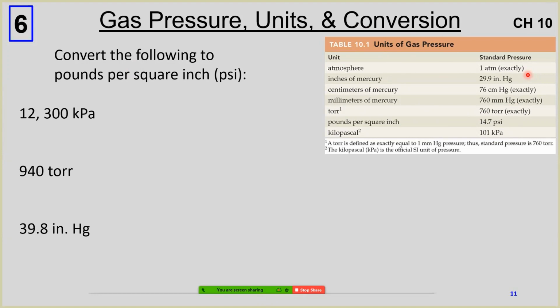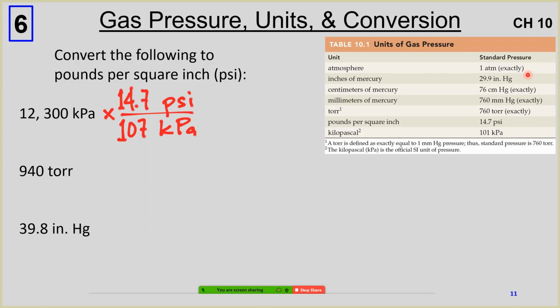So what we can do here is multiply this given value by the equivalence. We're going to put kilopascal here at the bottom, kPa, and then psi, the unit that we want, up top. And the equivalence is 101 kilopascal equals 14.7 psi.